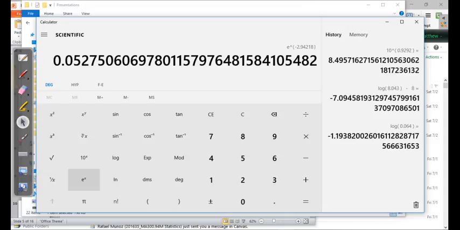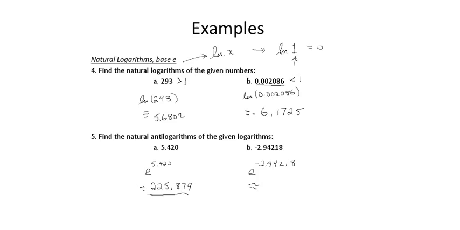I'm going to carry it out at 4 decimal places right here. So let's go ahead and enter that in. We've got 0.0528 as my answer here. Okay, pretty good. Just going through and exercising our ability to get logarithms and antilogarithms. More examples to come.